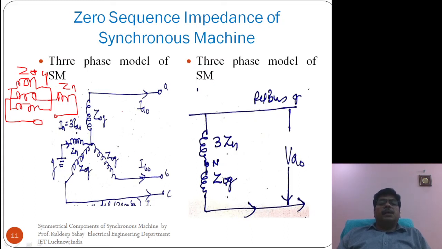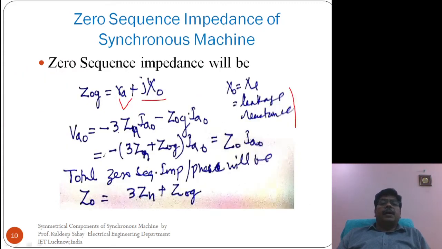But here the current is only I0. That is why the current value is shown as 3I0, and the zero sequence impedance has been shown as 3Zn plus Z0G.